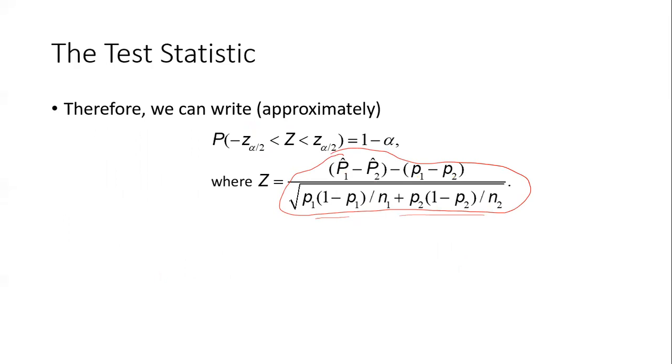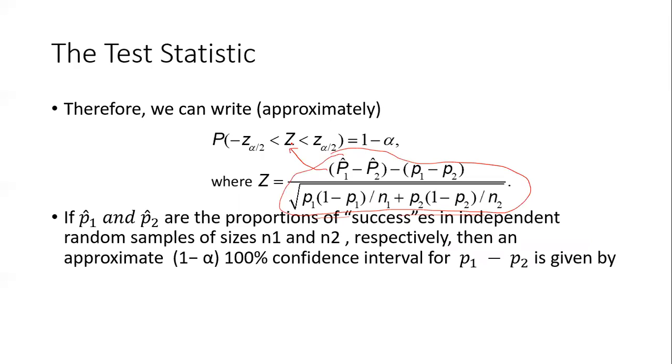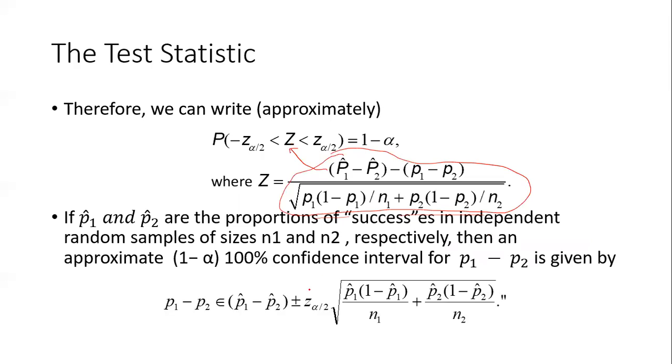Using this, I plug in the values to find the confidence interval, and the confidence interval turns out to be P1 hat minus P2 hat plus or minus z alpha over 2 times the square root of P1 hat times 1 minus P1 hat over N1, plus P2 hat times 1 minus P2 hat over N2.